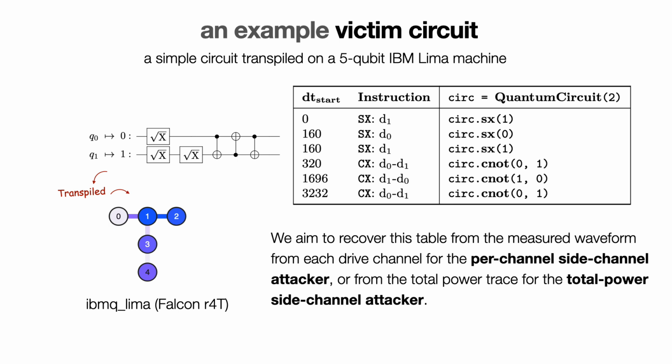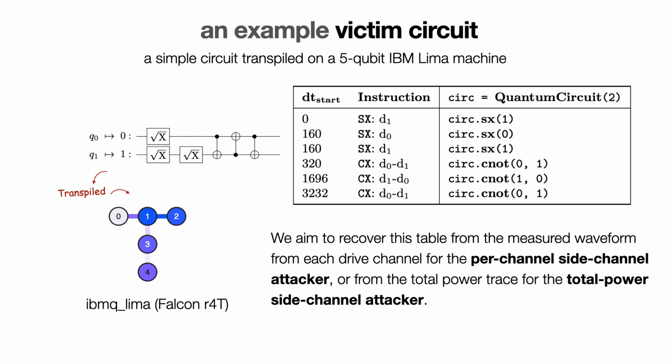On the table, you can see the starting time step of each pulse level instruction. If the attacker obtains this information, they can reconstruct the circuit, as the order of the instructions is enough to compile the same circuit again. The third column shows a complete quantum program written in Python that is actually used to generate the circuit on the left.